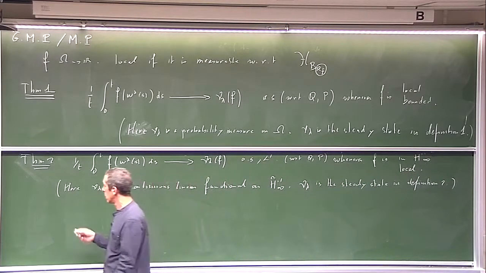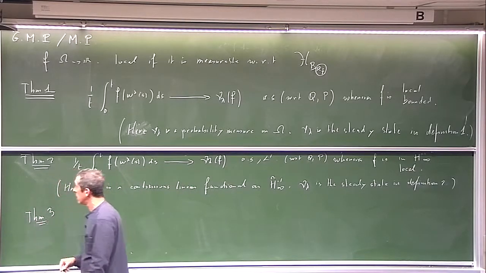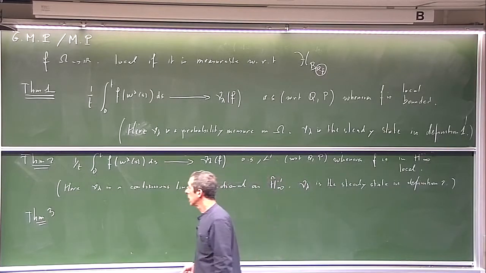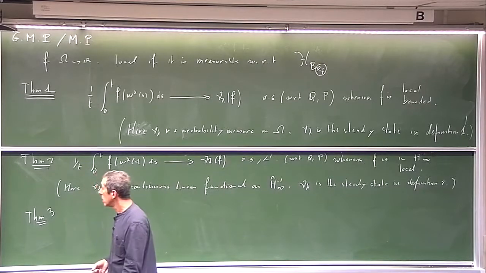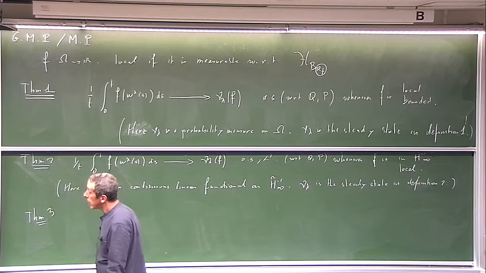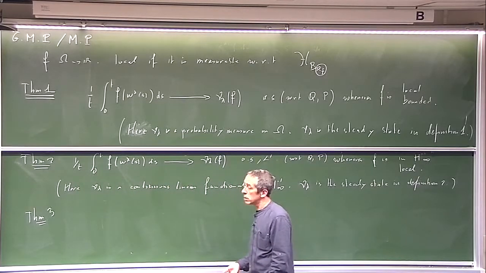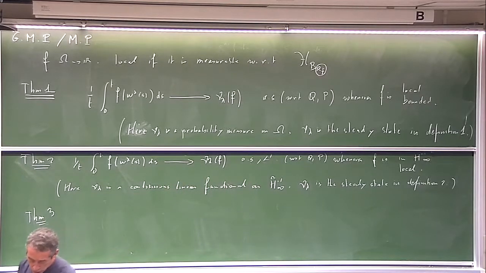And then there is a third statement, that's theorem 3, which says that we have these fluctuation-dissipation relations. Namely, you can compute the derivative of nu lambda at 0. We would like to do it on H tilde minus 1 infinity, but in fact, it's sufficient to do it for local functions again.